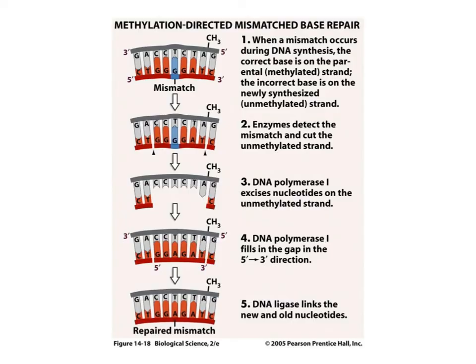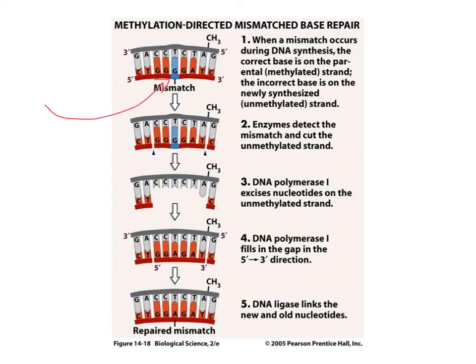Now, some errors will always get through, but the body has an amazing ability to repair and to fix problems. Now, one of the ways that they can recognize problems is by an enlargement of the DNA at a place where there is a problem.